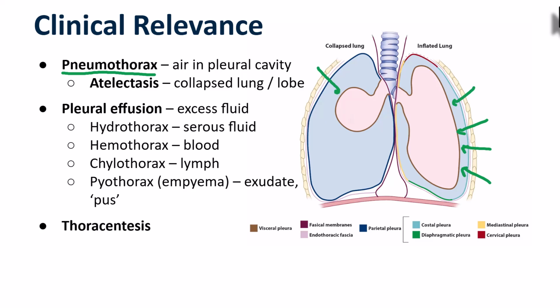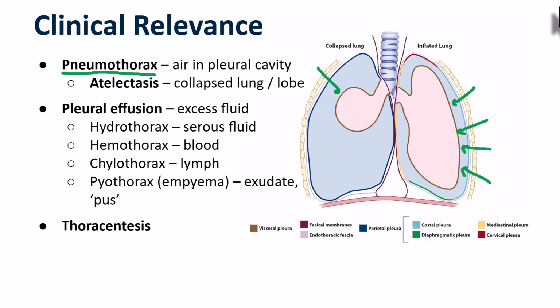That's a condition known as atelectasis. And with that, the lung can't be ventilated, which is problematic. Now, this can also happen obstructively if something enters into the conductive pathways of a lobe or of the entire lung itself. But this is the means by which this happens when air moves into the pleural cavity.